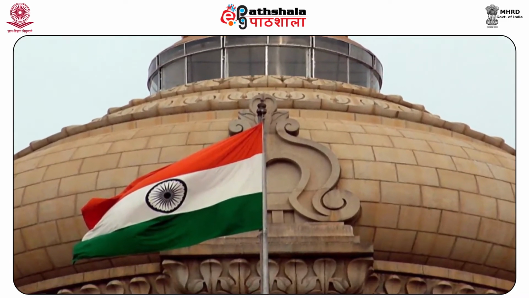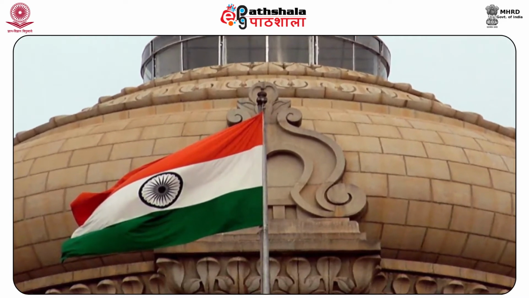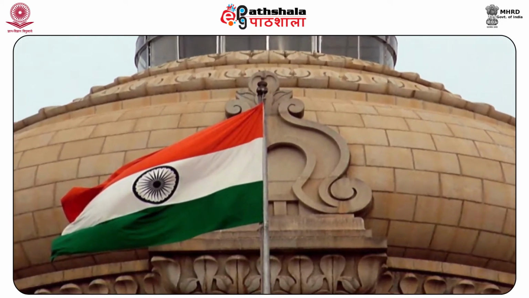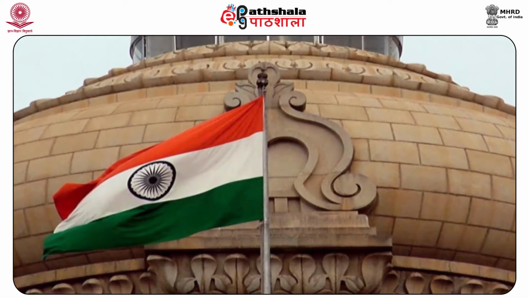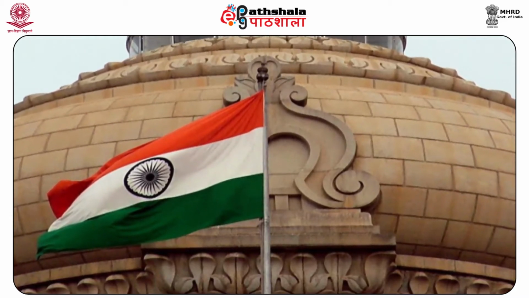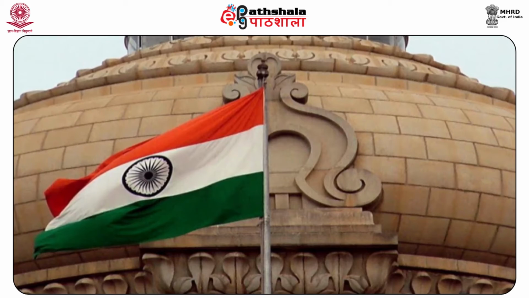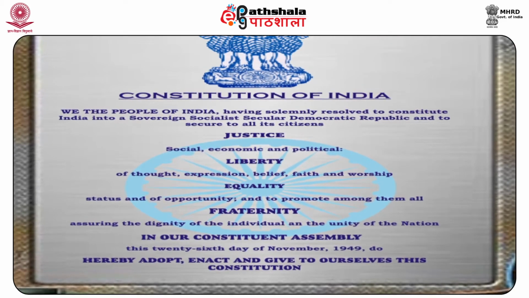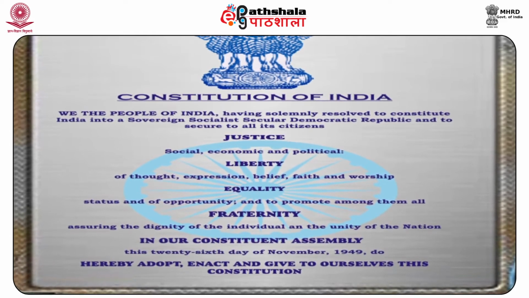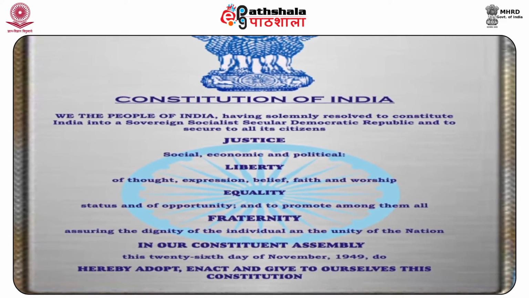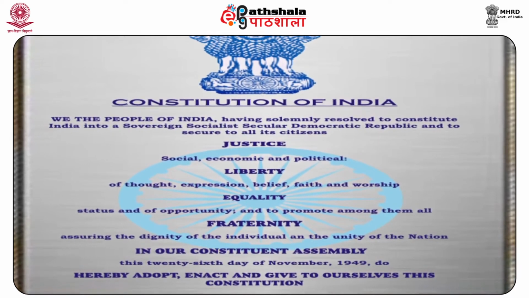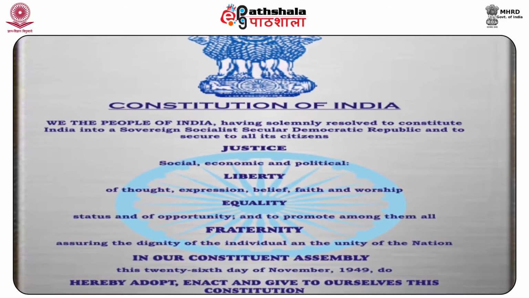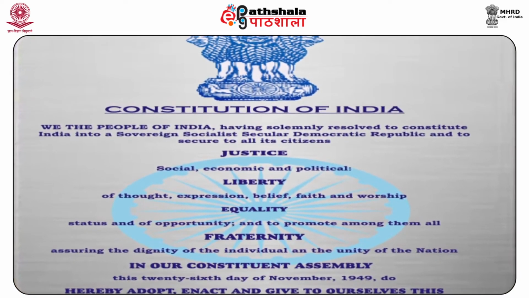A constitution is concerned with two main aspects: the relation between the different levels of government, and between the government and the citizens. The document containing laws and rules which determine and describe the form of the government and the relationship between the citizens and the government is called a constitution.